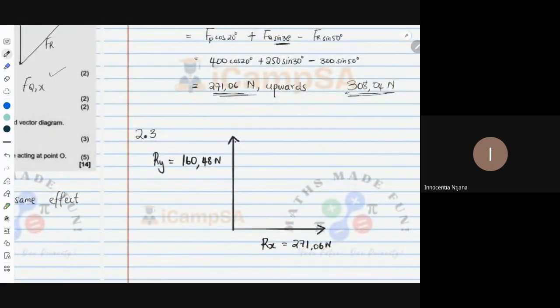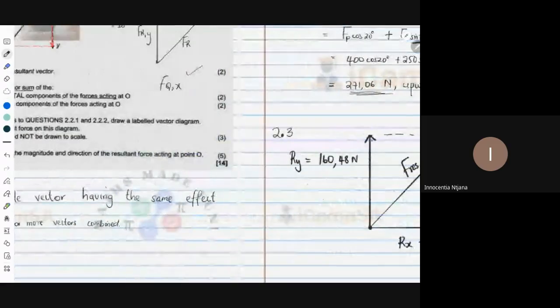Okay, so now we can draw our resultant vector. From the tail of these two to where these two lines meet is where our resultant vector will be. They didn't say we should calculate it, but they said we should just draw it. So this is the F resultant, right?